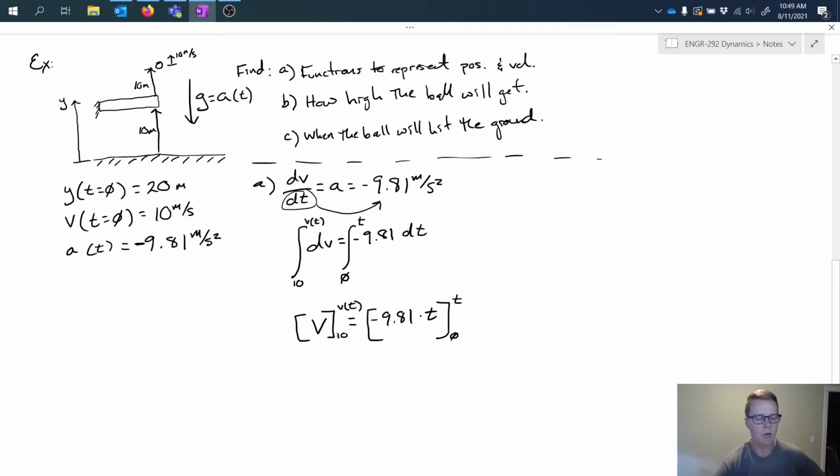And if you recall from calculus, when you evaluate this sort of integral over its limits, you plug in the top and then minus the lower limit. So I would end up with v(t) minus 10 equals negative 9.81 t. 0, of course, drops off.